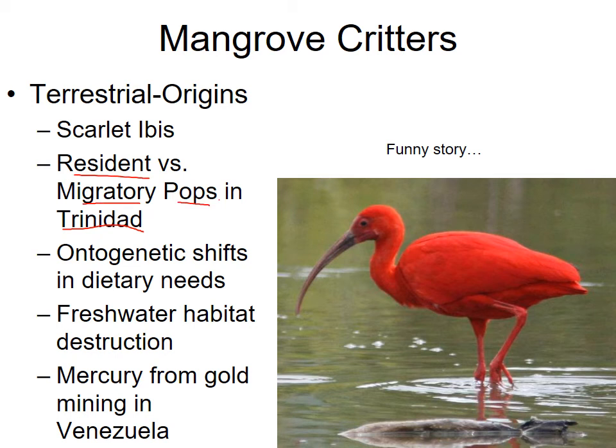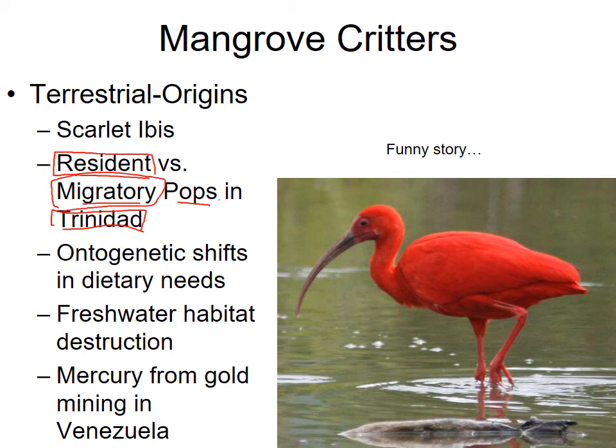This is short for populations in Trinidad. That means that some of the scarlet ibises stay there year-round, which would be considered the resident populations, and others are only there for part of the year, and then they move back to mainland South America for the rest of the year. So those would be the migratory populations.